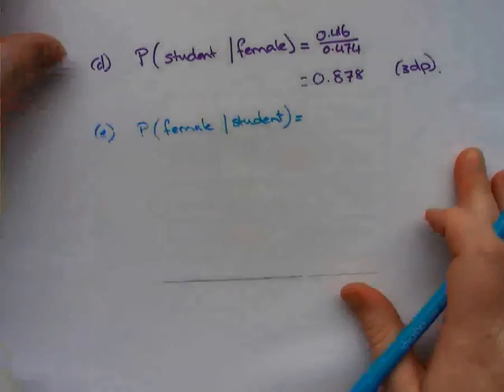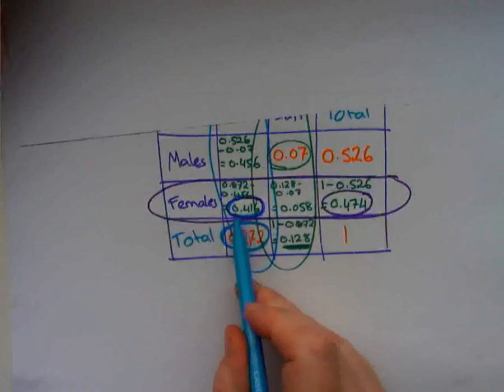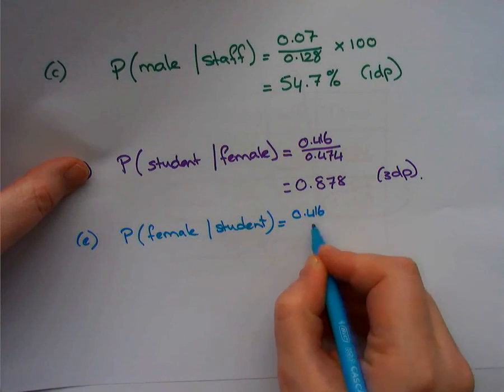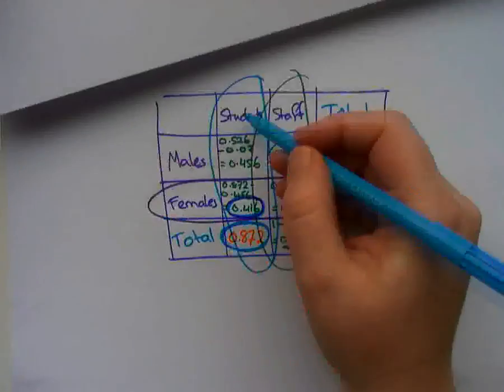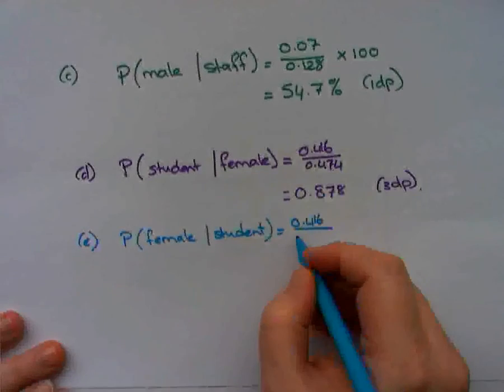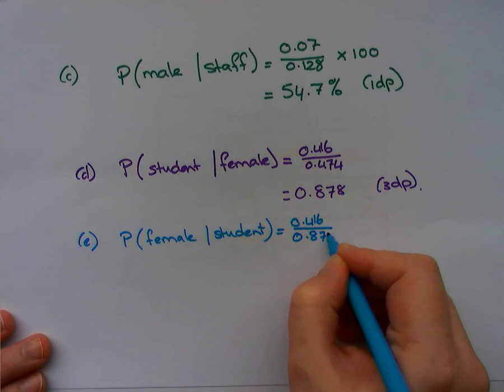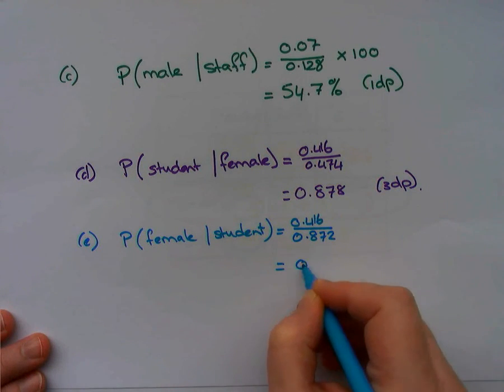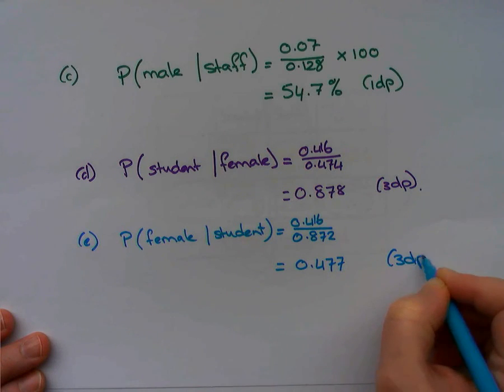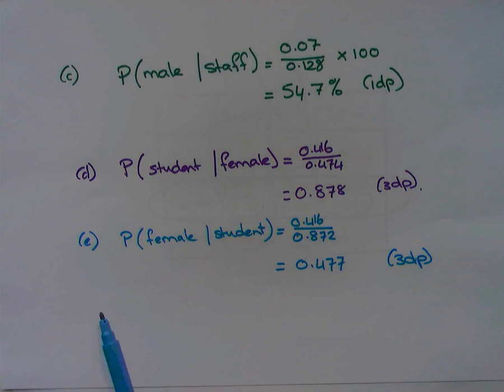The chance of being female is 0.416 over the chance of being a student, 0.872. Turn that into a decimal, and that gives you 0.477 to 3 dp. So the probability of somebody being female, given that they're a student, is 47.7% or 0.477.